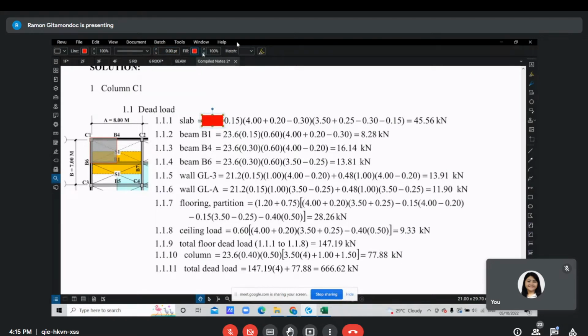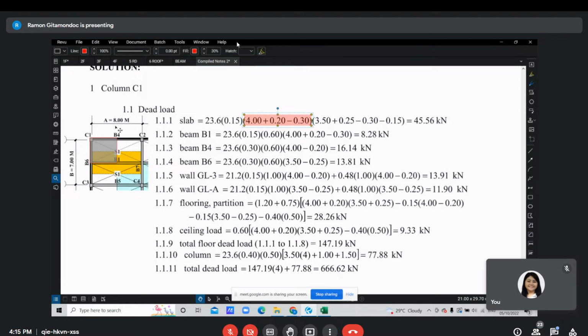Asa nga kung i-refer nga value. Okay, so that 23.6, that is the unit weight of concrete, then 0.15 is the thickness of the slab. And this quantity, no? Ano siya ang slab dimension parallel to the x direction.